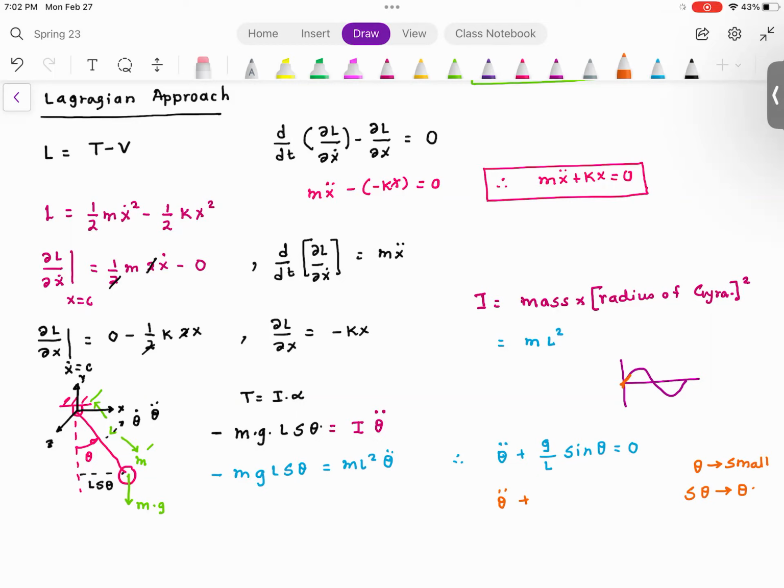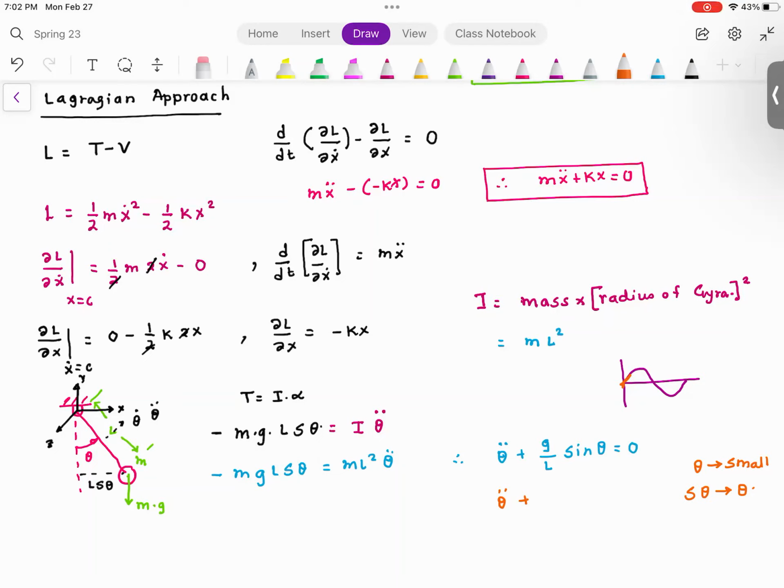If your theta value is less than 17 degrees, then sine of 17 degrees will be equal to 17 degrees in radians, which means 17 divided by 180 multiplied by pi is approximately equal to sine 17.